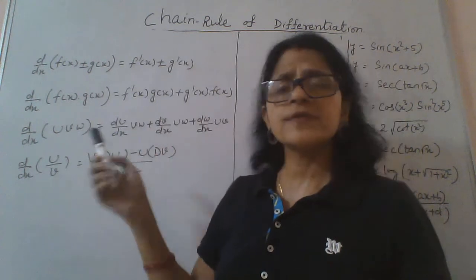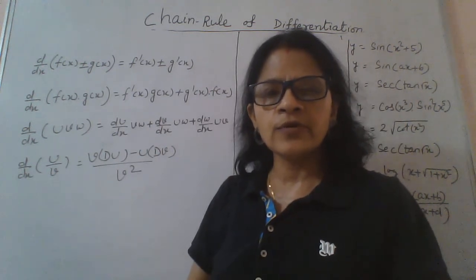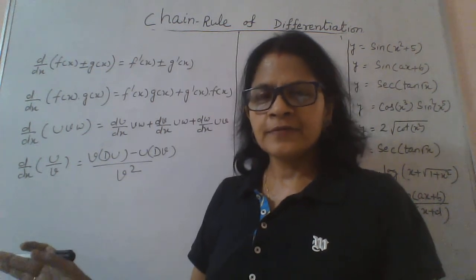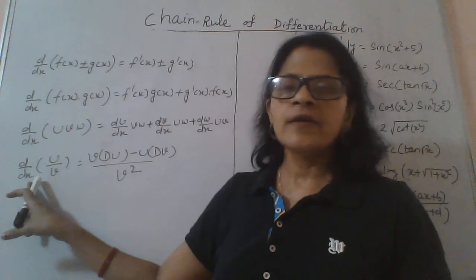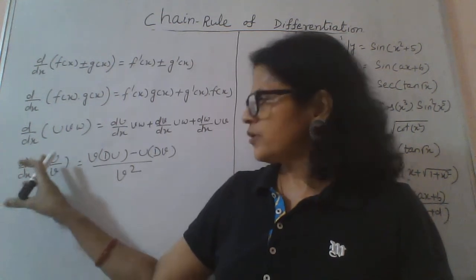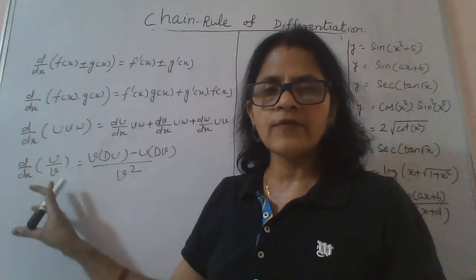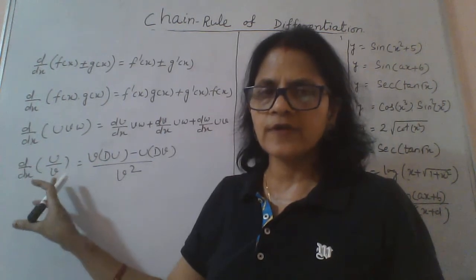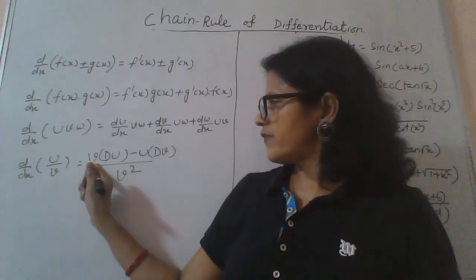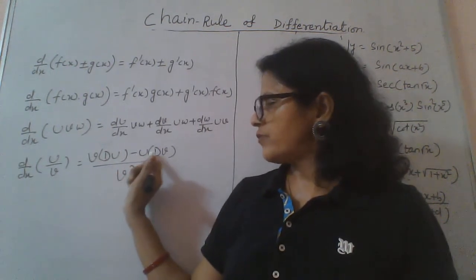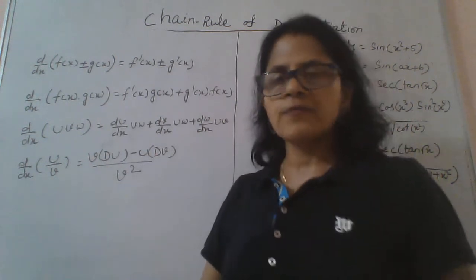Again, at a time we differentiate one function, and the other two remain free. We have done lots of questions on this in class 11. And d/dx of u by v, the quotient of two functions where v is not equal to 0, is v squared in the denominator, with v into du minus u into dv in the numerator. This is called the quotient rule of differentiation.